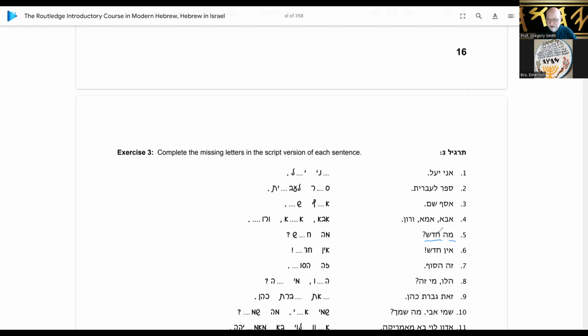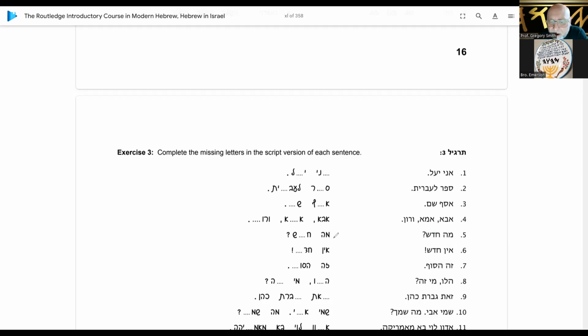I bet you it's Hadash. Yeah, Ma Hadash. If it was Hodesh, you would have a shva in there between the het and the dalet. But this is just hadash, and it means new. And ma means what? So what's new? Ma hadash. So now what we need to do is figure out which letters they need.